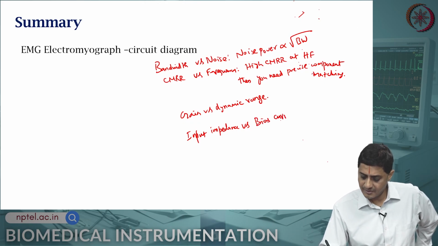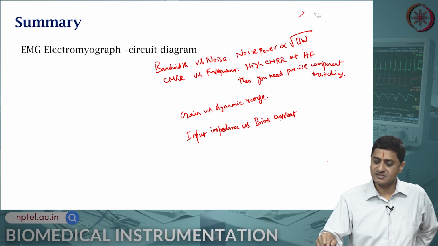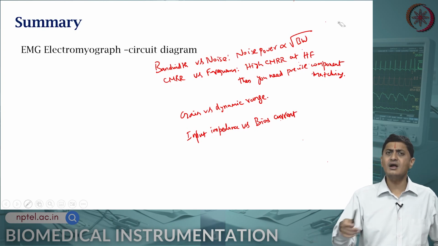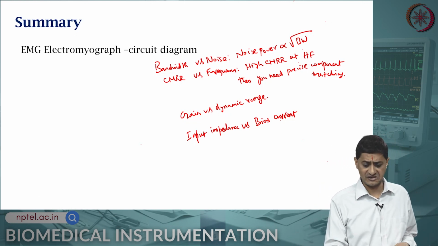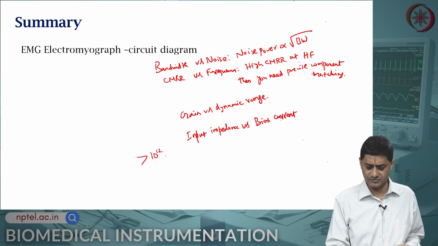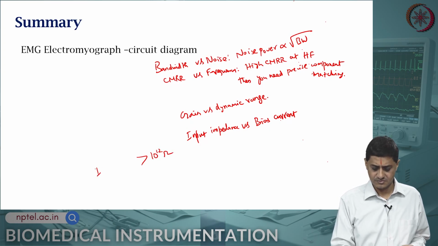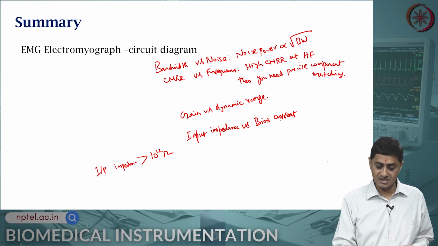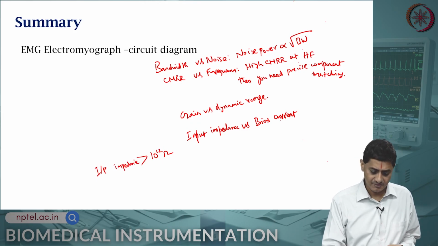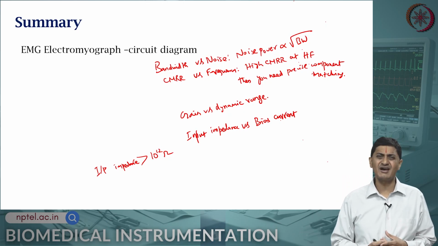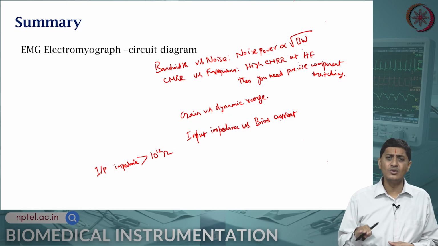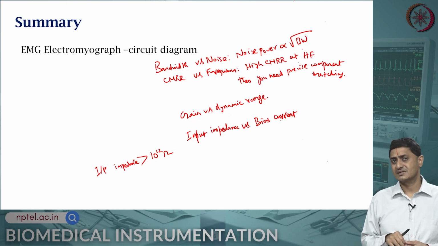Now, what happens sometimes if you want to have extraordinarily high input impedance of the order of greater than 10 power 12 ohms, then it may be necessary to use op-amps that have ultra low input bias currents.